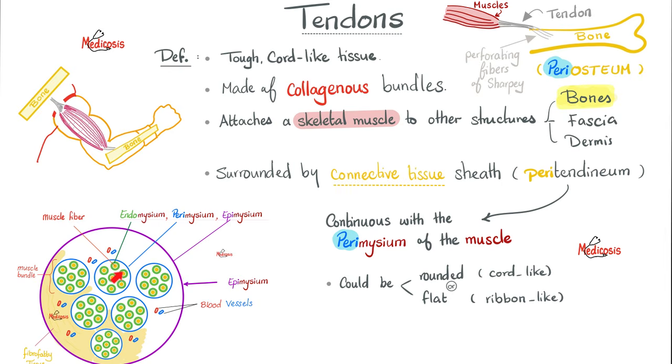This is one muscle fiber or one muscle cell surrounded by endomysium until you form a bundle of fibers. The entire bundle is surrounded by perimysium. And then you add lots of bundles together and surround all the bundles by an epimysium. The tendon of the muscle could be rounded like a cord, such as this one, or could be flat like a ribbon, sometimes called aponeurosis. Aponeurosis is a flat tendon.